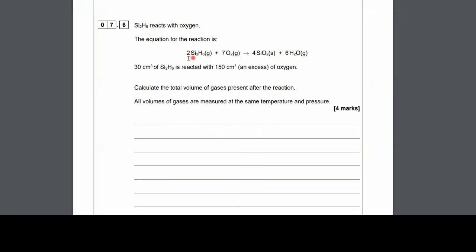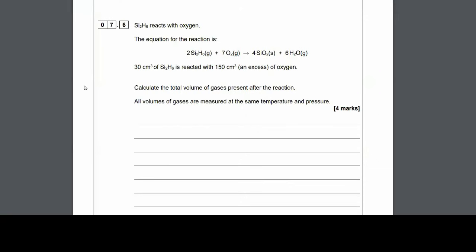The equation for the reaction is 2 Si2H6 in gaseous form plus 7 oxygen molecules in gaseous form forms 4 silicon oxides solid plus 6 H2O in gaseous form. 30 centimeters cubed of Si2H6 is reacted with 150 centimeters cubed of oxygen, an excess. Calculate the total volume of gases present after the reaction. All volumes of gases are measured at the same temperature and pressure.